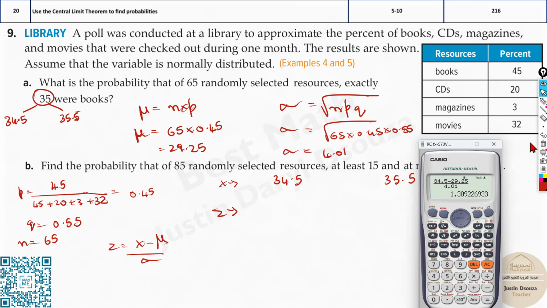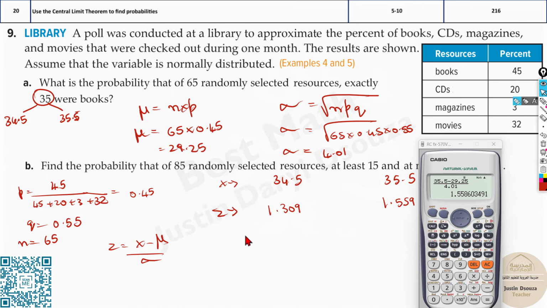The value is 1.309. And what about the other side? Just change this to 35.5, and here you go, it is 1.559.